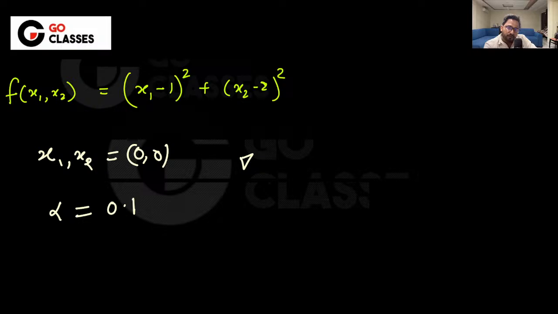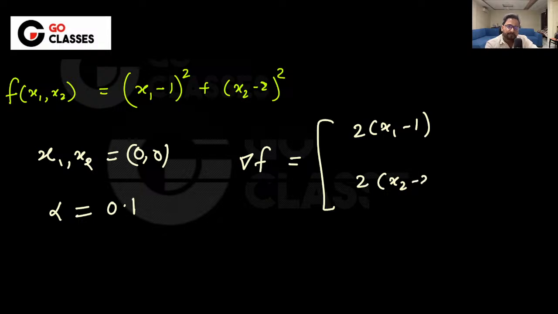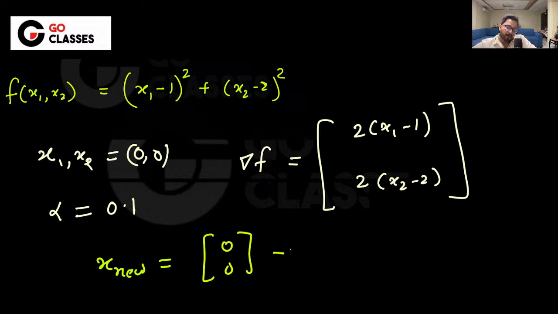Now before solving the question, let me write the grad. It is 2 into (x1 minus 1) with respect to x1, where this part is constant, and similarly with respect to x2, right? Okay, so what is the update formula? So x new, for the next iteration, will be x old, which is starting with 0, 0, minus alpha into grad f.